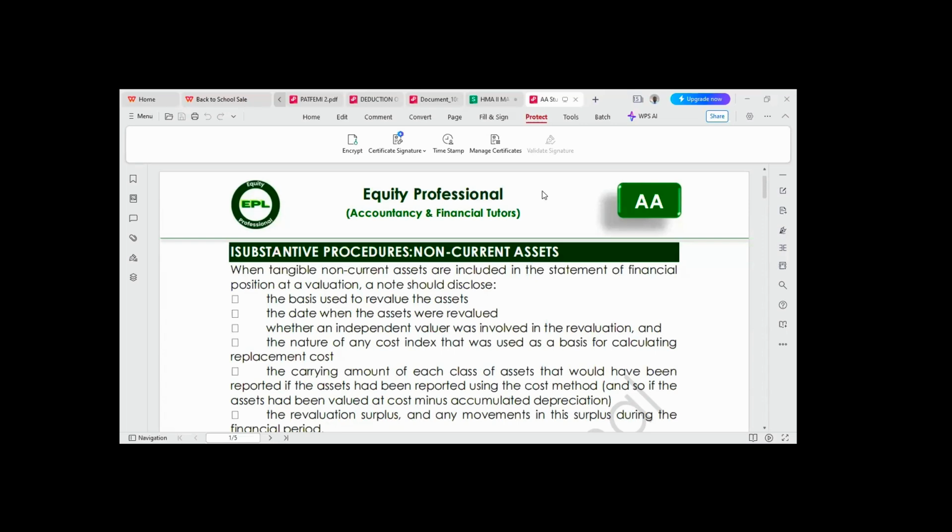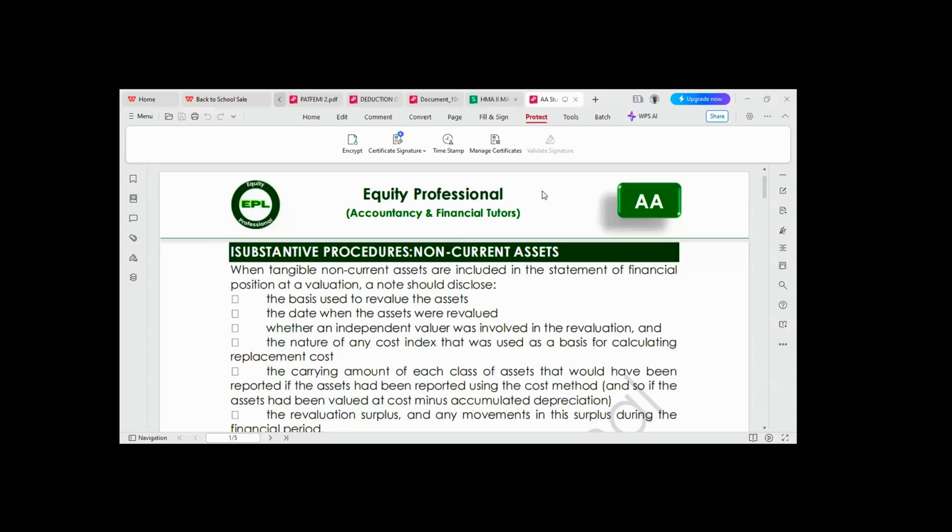Today, we are looking at substantive procedure as it affects non-current assets. What that implies is that when you are conducting substantive procedure for non-current assets, what we'll be focusing on will be essentially the assertion based on account balances.